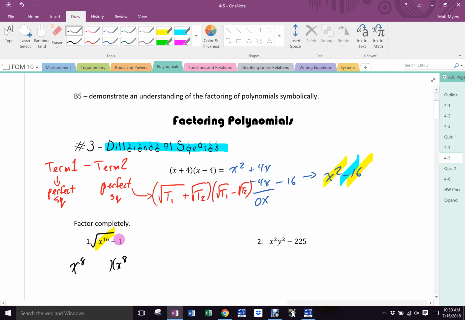Is 1 a perfect square? 1 doesn't have a square root? Sure it does. What is it? 1, because 1 times 1 is 1. So, does that have a square root? So what's the square root of the second term? So we write plus 1 and minus 1. Now, how many of you want to stop there? You've done it. Square root, I'm done. What do you see there and there?